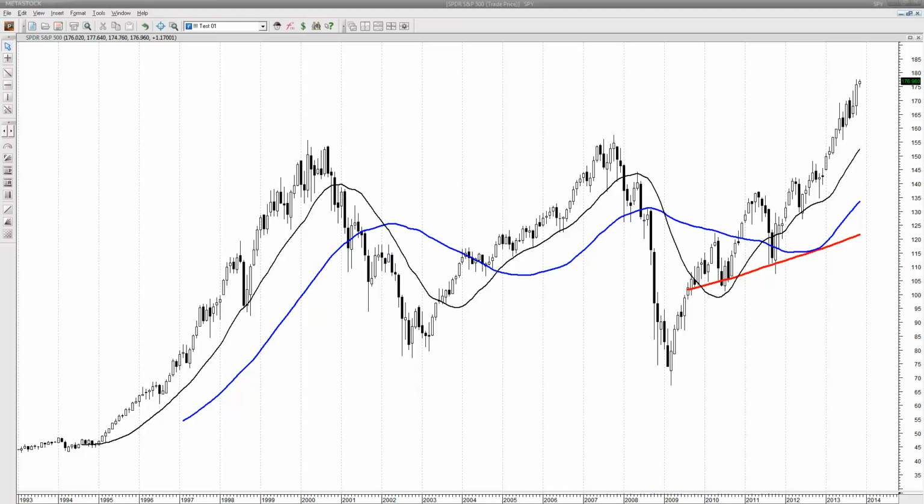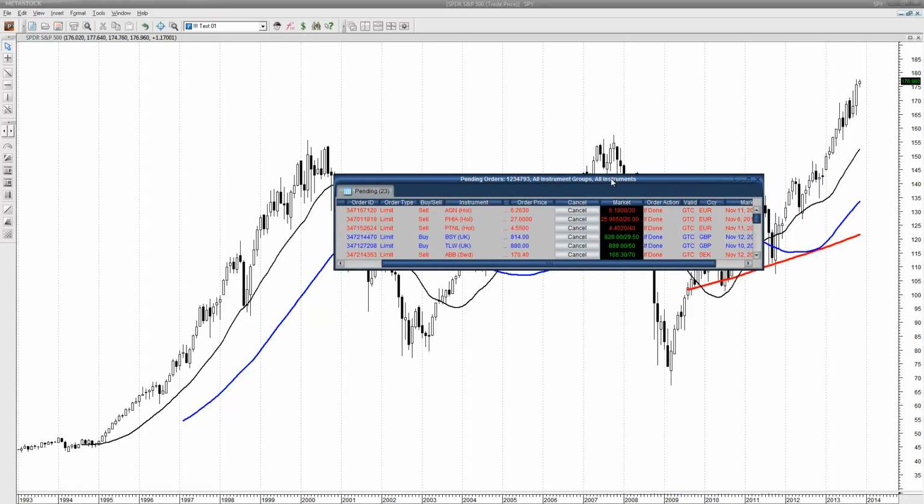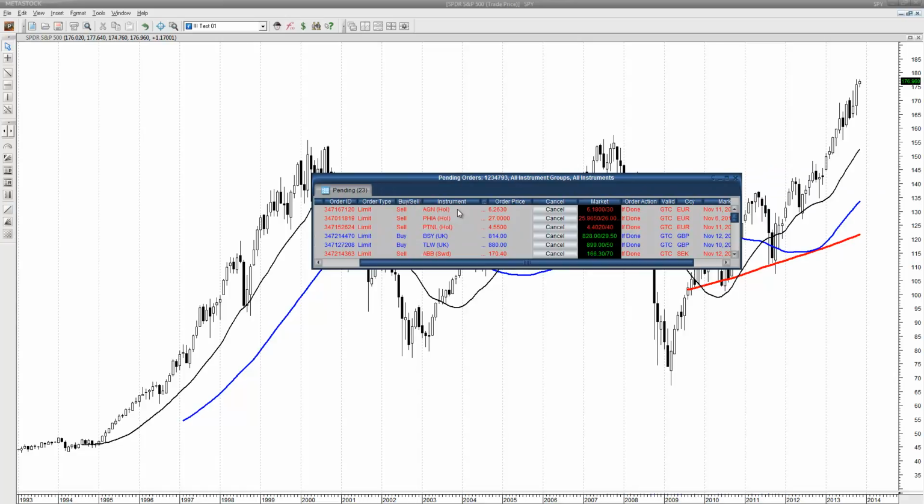To wrap it up, these are the limit orders I got. Aegon from Holland, short sell at 626.30. Philips Holland, 27 short sell. PostNL Holland, 4.55 short sell.